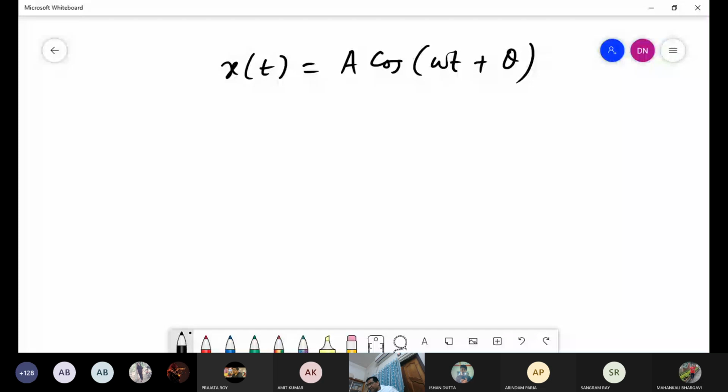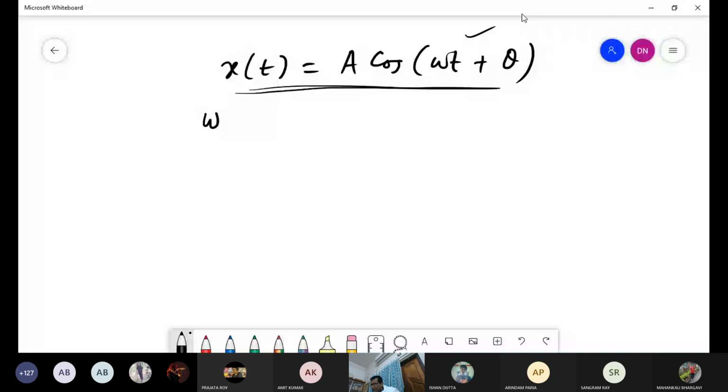Now, what is the condition? Is it a periodic signal? All of you will respond that yes, it is a periodic signal. What is the period of this signal? The period of the signal can be determined if we know the value of omega.